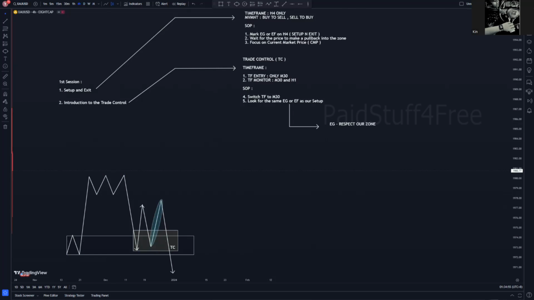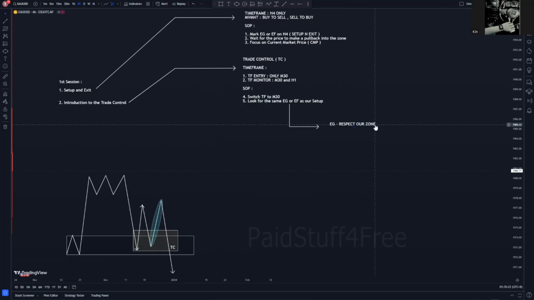This session is just for the basic class, to introduce you to the H4 and M30 and how they work together. What is the relation between the H4 and M30? What is the most important thing in H4? What is the most important thing in M30, and so on?